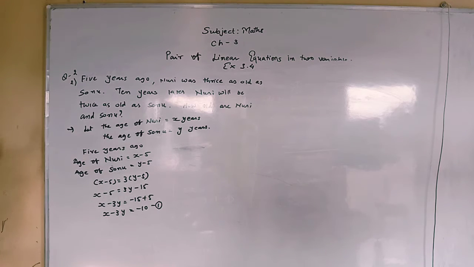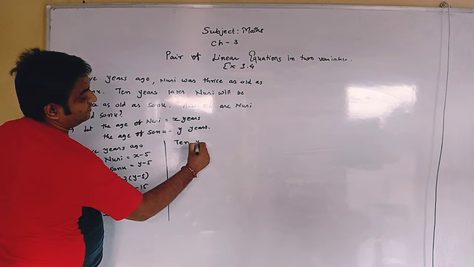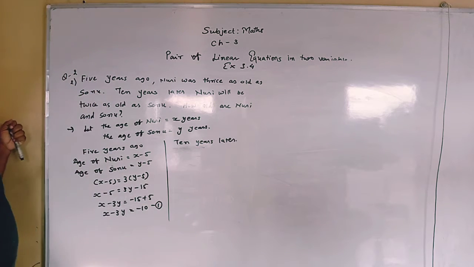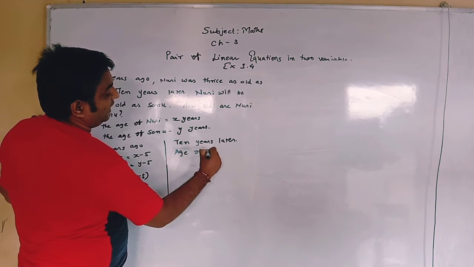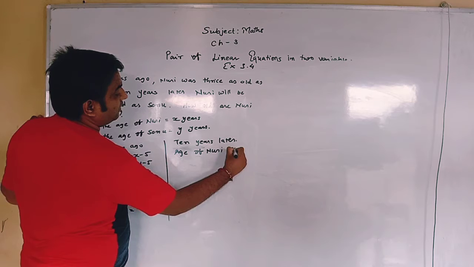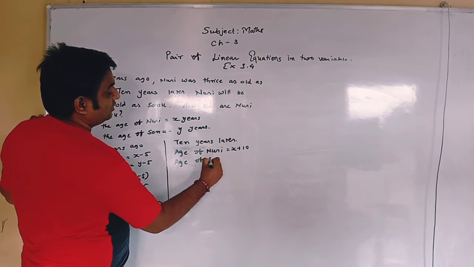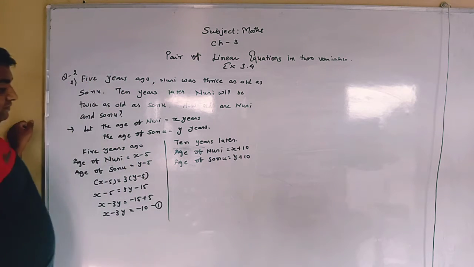Now here, 10 years later, the age of Nuri will be 10 years more, and so x plus 10, and the age of Sonu will also be 10 years more, so y plus 10.